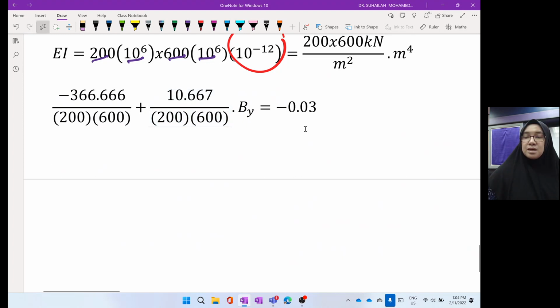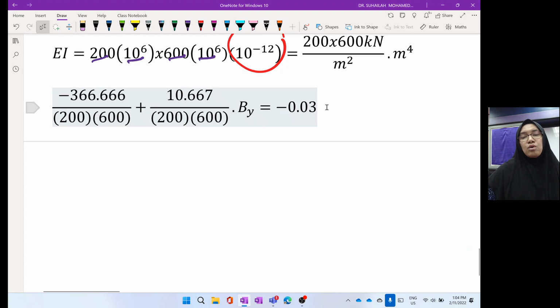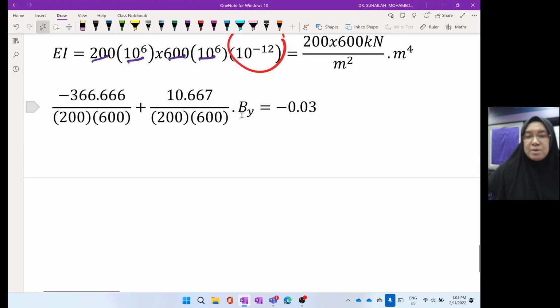Okay. So then only we calculate BY. Then only we calculate BY. So dapat apa tu? 366.666 tu divide by 200 and 600.